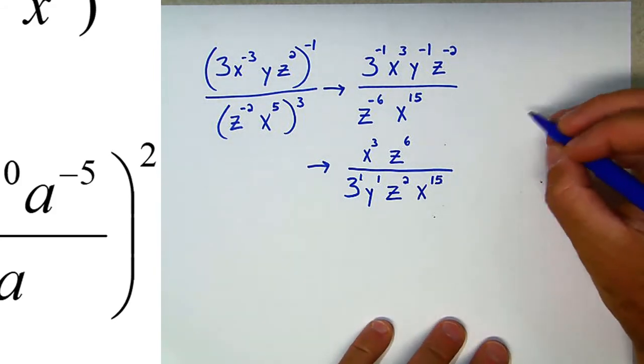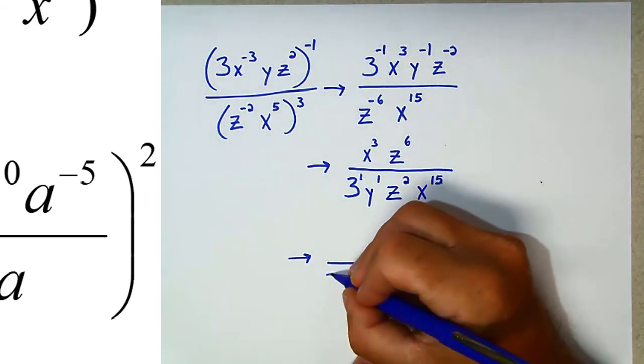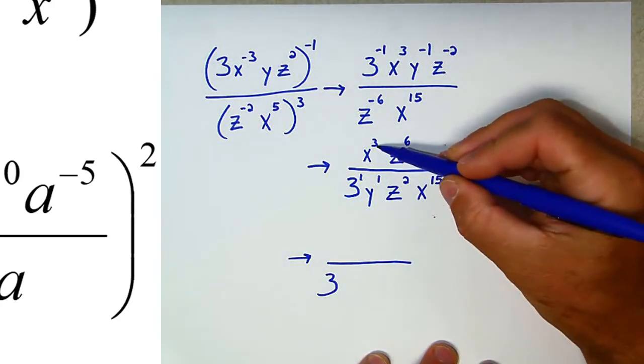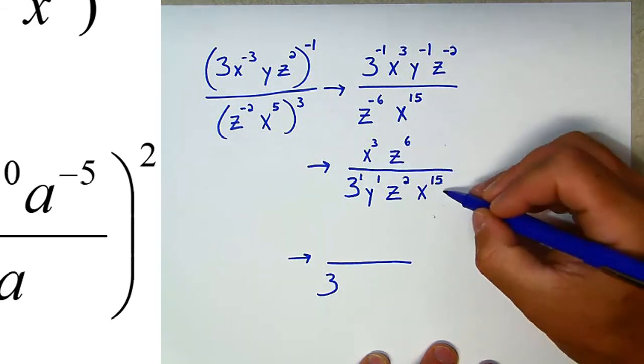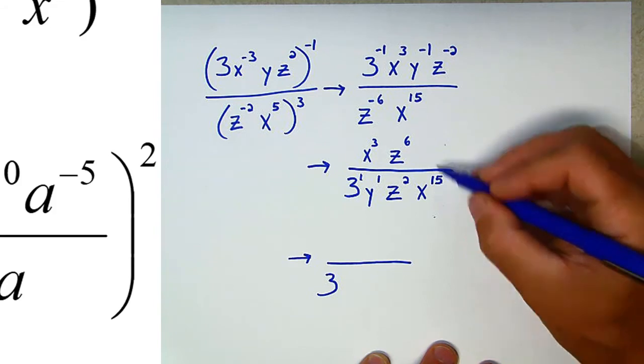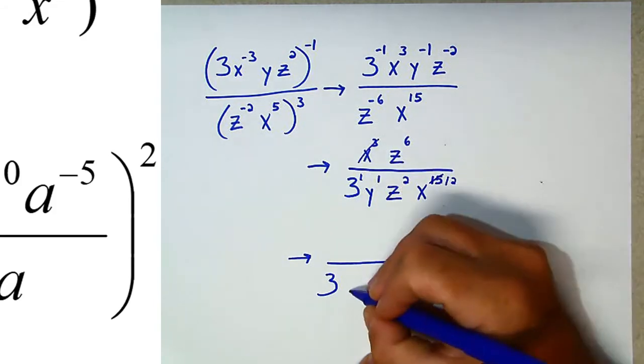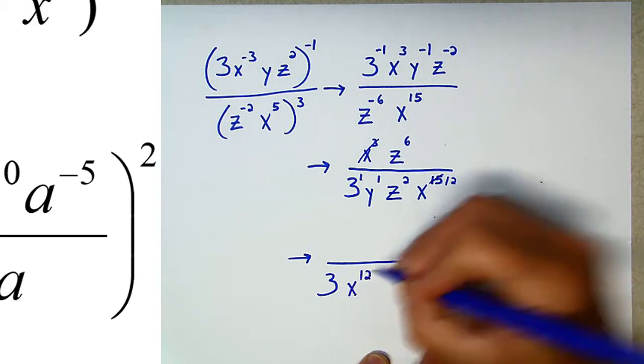Now let's simplify this even more. Our 3 is in the bottom, and we don't need to say 3 to the 1st, we can just say 3. We have 3 x's on the top, that is to say x times x times x, but we have 15 of them in the bottom. So the 3 that are on the top cancel with those that are in the bottom, and we're left with x to the 12th power in the denominator.